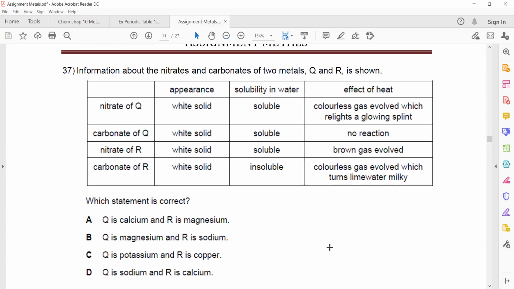Question 37. What could be the answer for question 37?